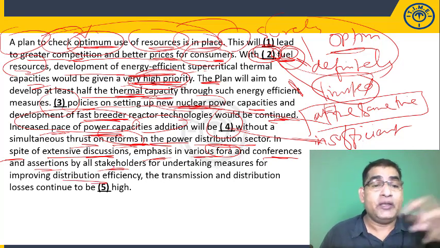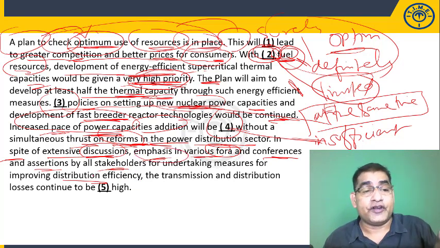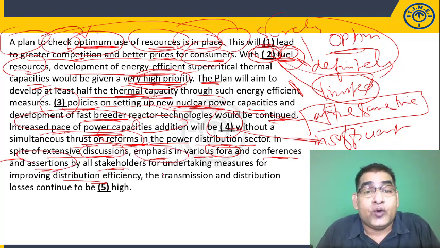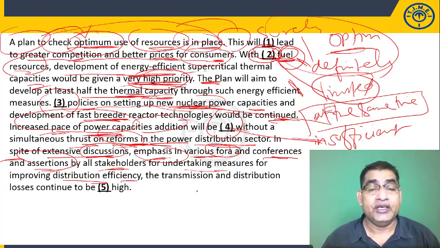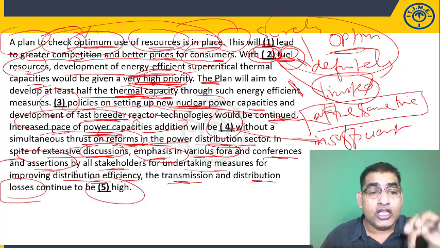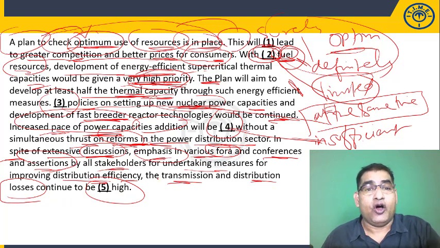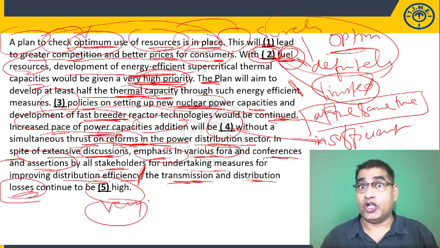So in spite of so many positive things, the transmission and distribution losses continue to be dash high. Obviously this part should be negative, right? So the transmission and distribution losses must be very high. So the fifth word is also obvious.